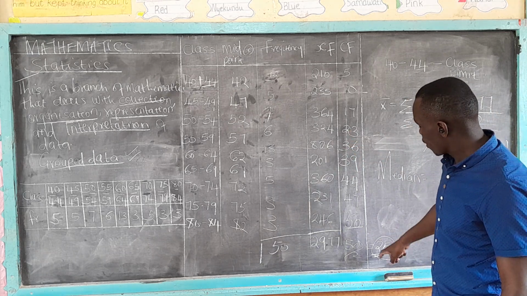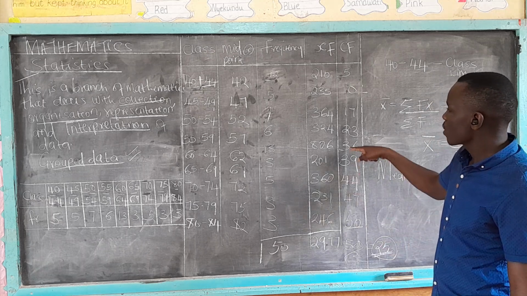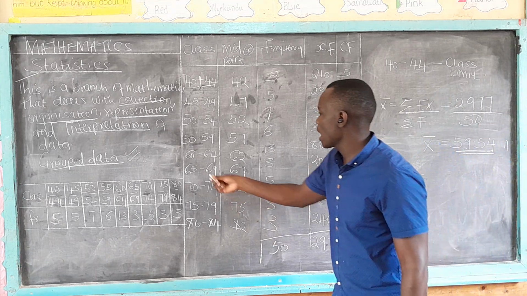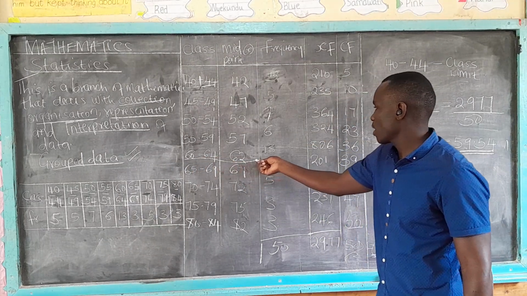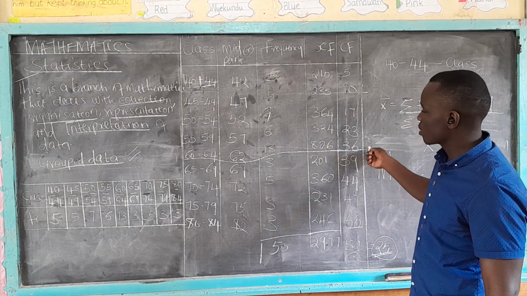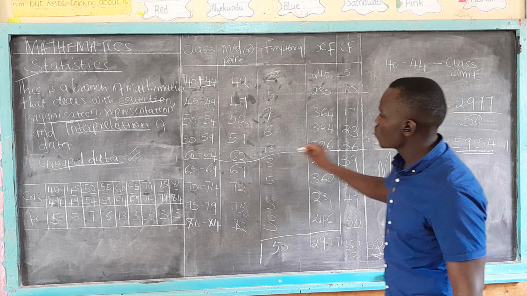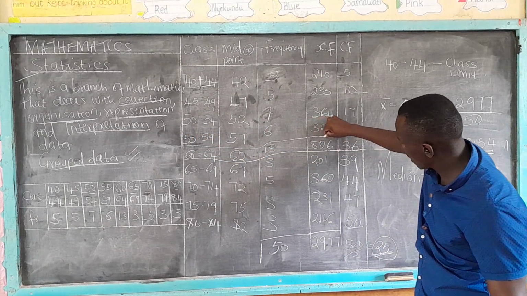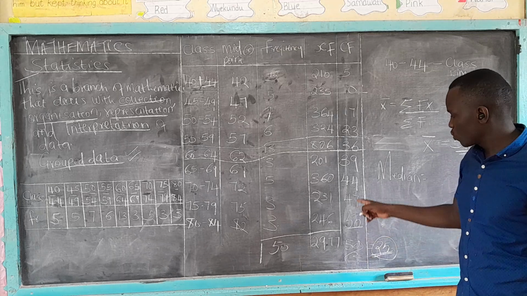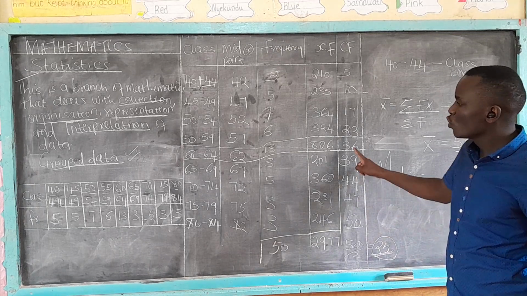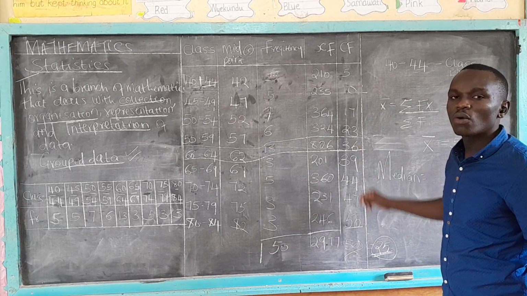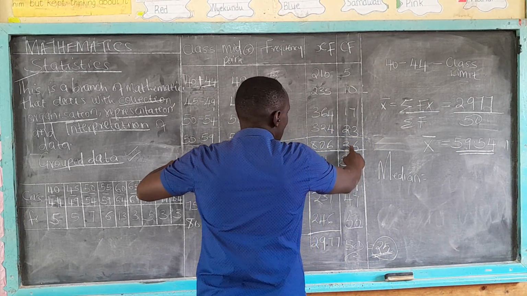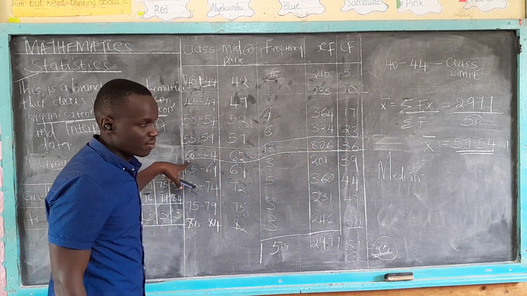So you take half of the cumulative frequency and ask yourself where it lies. You realize that it lies on this row. So you come to this row, and you identify the lower class limit of this class.